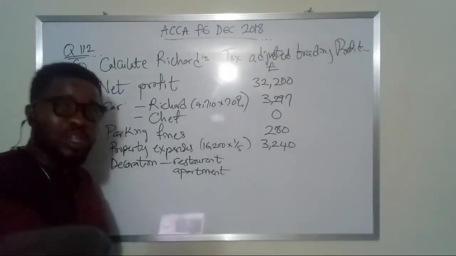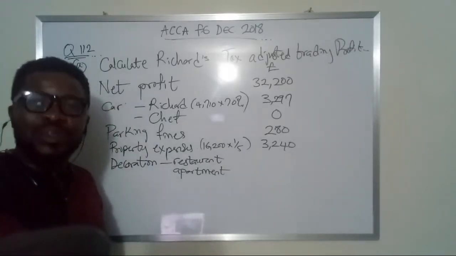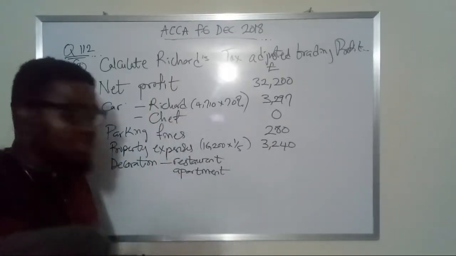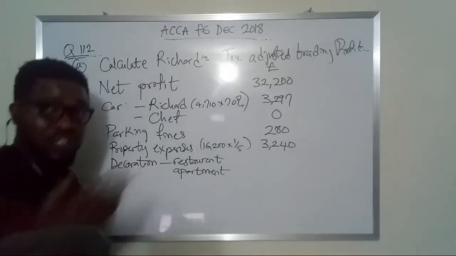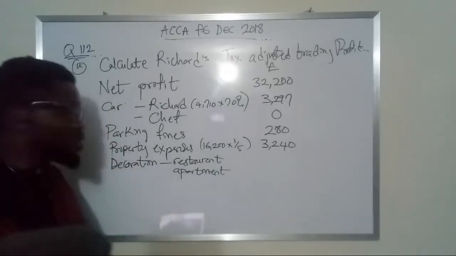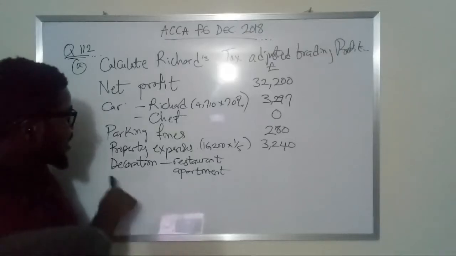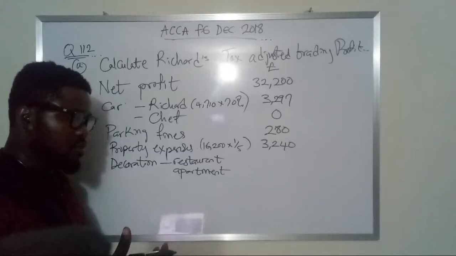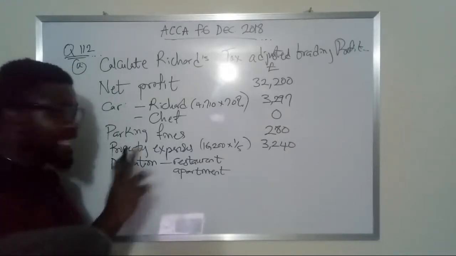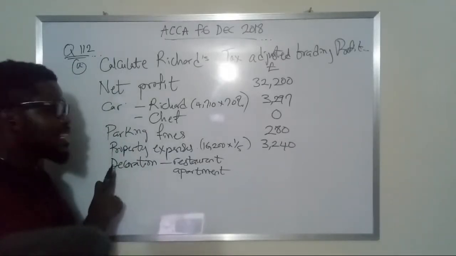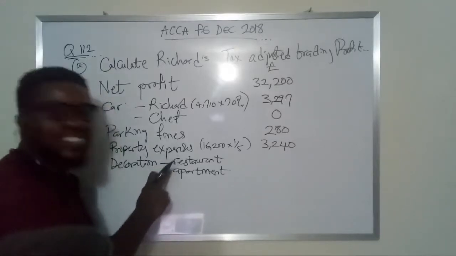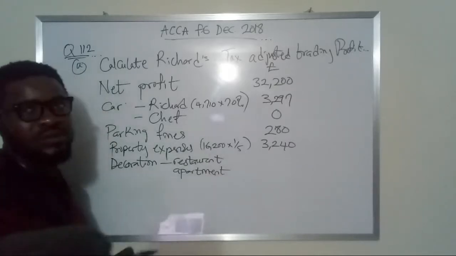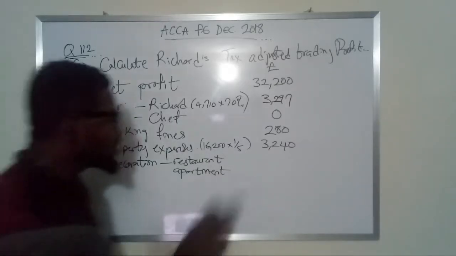When you're spending money on the business, it is an allowable deduction in terms of your tax adjusted trading profit. So Richard runs a restaurant. If let's say they said Richard expanded the restaurant, this will not be an allowable cost. We will definitely put it in there.